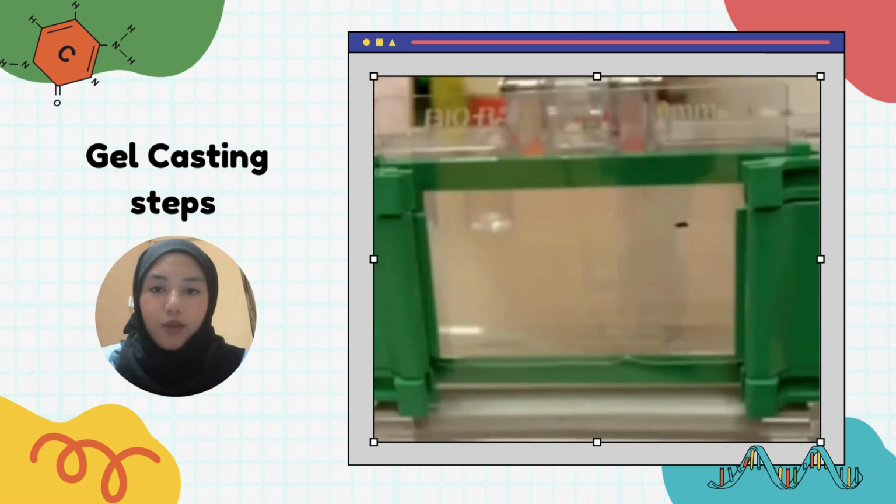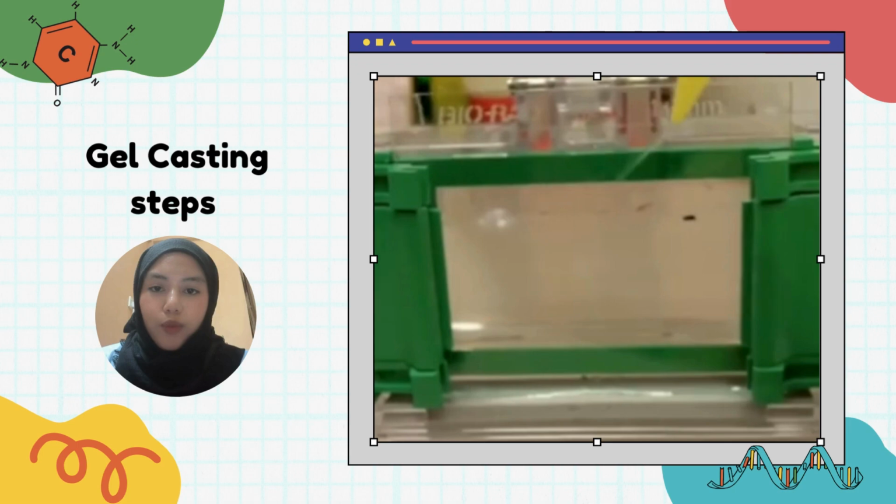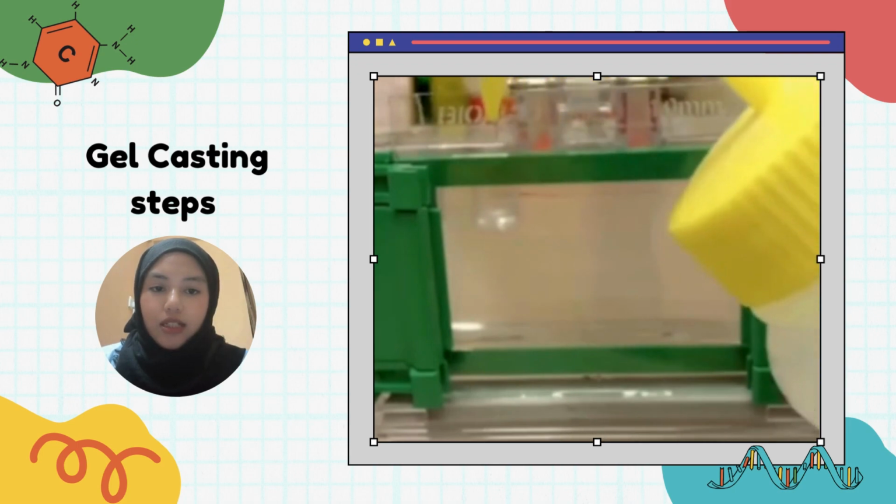And next, after we prepare our resolving gel, we fill and add it to our casting frame until the level that we have marked before. And don't worry if there is a bubble, because after filling until the marked level, we're going to eliminate the bubble by using isopropanol, and we will wait for the gel until it's solidified.